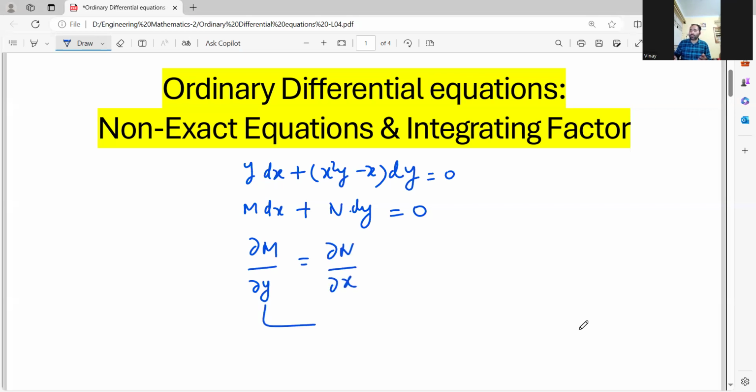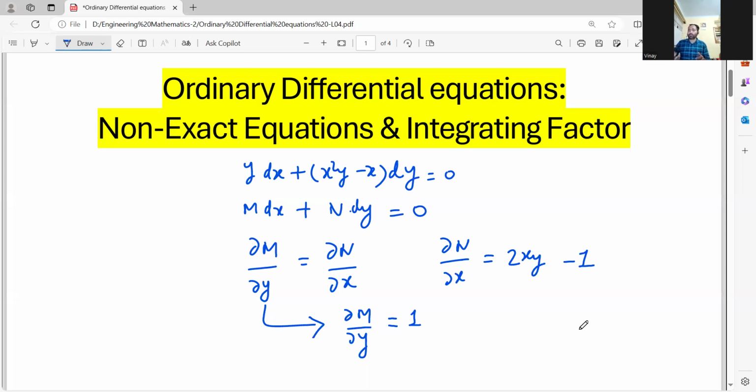Del M by del y is 1, and del N by del x is 2xy minus 1. They are not equal. So this given differential equation is non-exact.